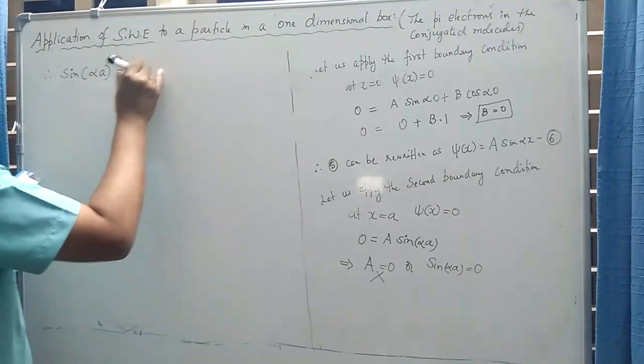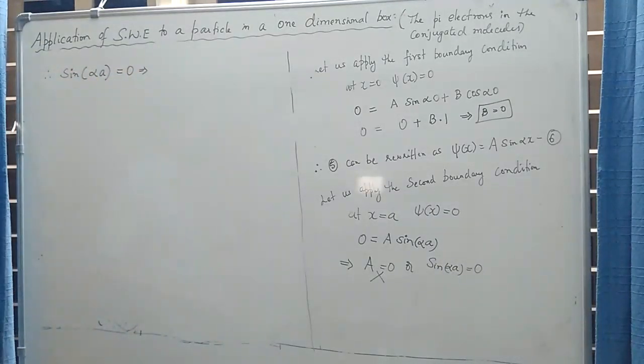And when does sin theta become 0? Sin theta becomes 0 when theta is 0, or 180 degrees, that is pi, or 360 degrees, that is 2 into pi, and so on. So in general theta should be equal to n into pi.